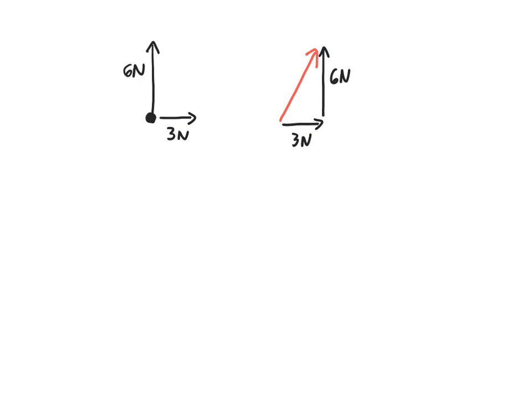To get the size of that total force, notice that we formed a little right triangle here. And so we can use the Pythagorean theorem to figure out the size of the hypotenuse, and that's going to be the square root of 3 newtons squared plus 6 newtons squared.